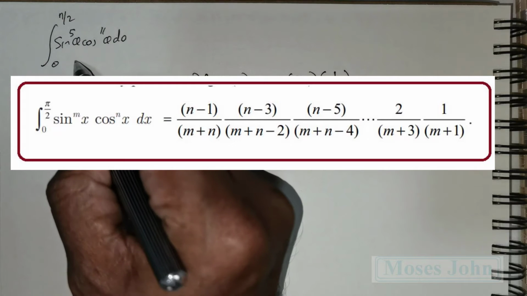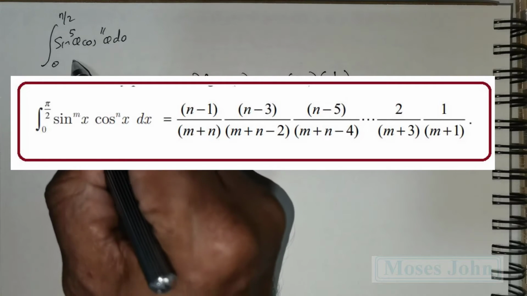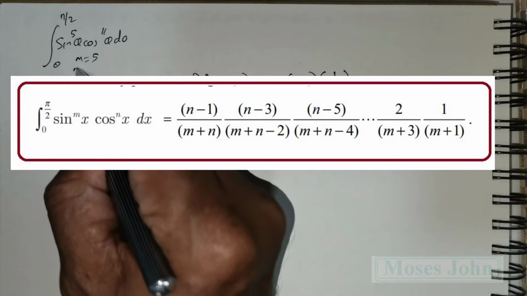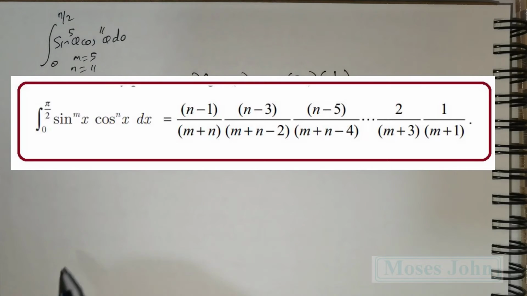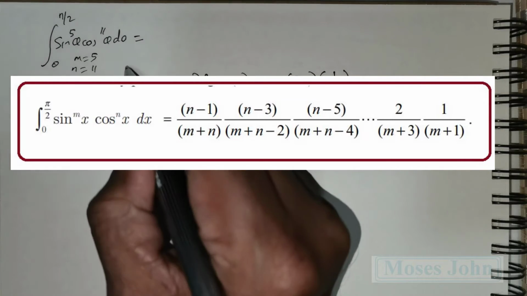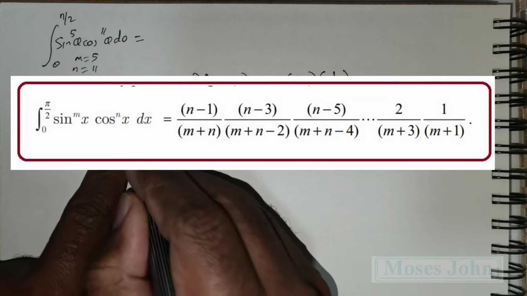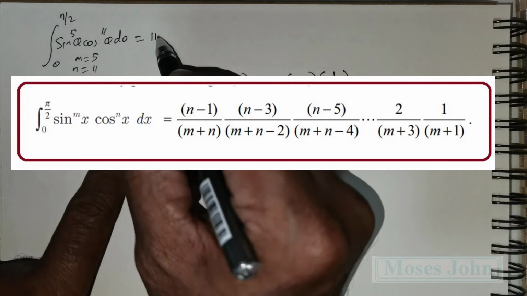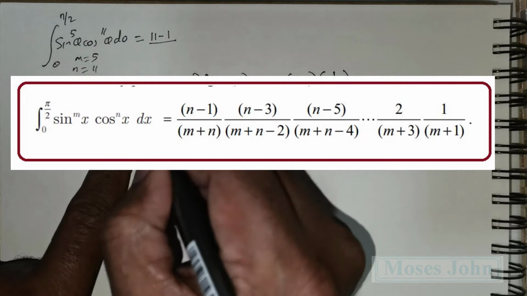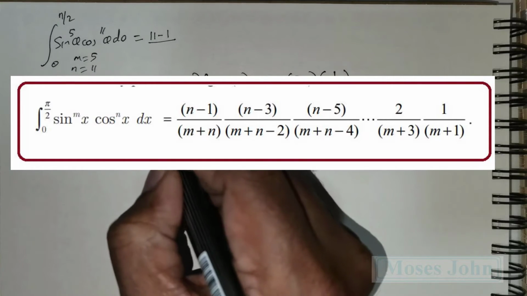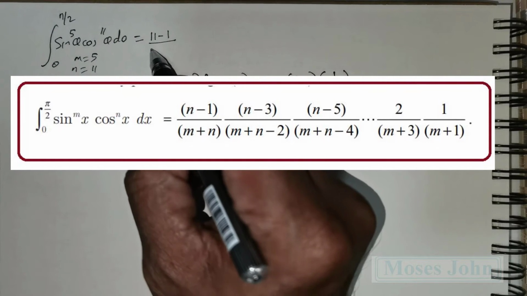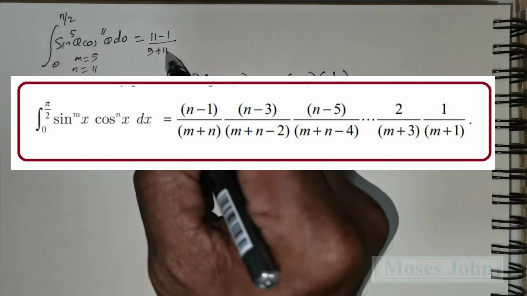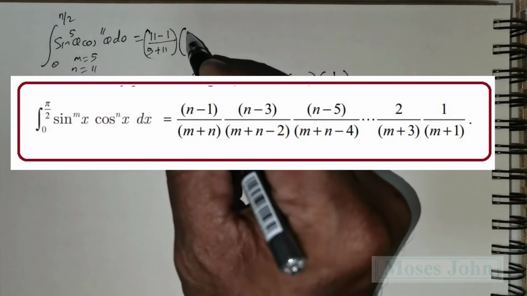So as said before, my value of m is 5, the value of n is 11. So let us go on by substituting the values for n and m. So n-1, that's going to be (11-1)/(5+11), place it in parentheses.